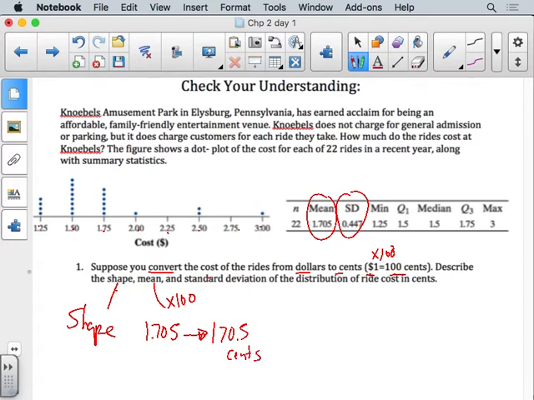And then what would happen to the standard deviation? It's also going to get multiplied by 100. And so it went from 0.447 to 44.7 cents. Okay, so what happens when I multiply? The shape stays the same, but the average and spread get bigger.